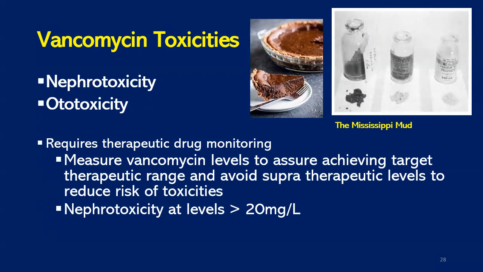Now, it requires therapeutic drug monitoring, and as I said, what's the aim of therapeutic drug monitoring? Most of the nephrotoxicity cases develop when vancomycin levels go higher than 20 milligrams per liter. You don't need to memorize any numbers here, it's just for your information.